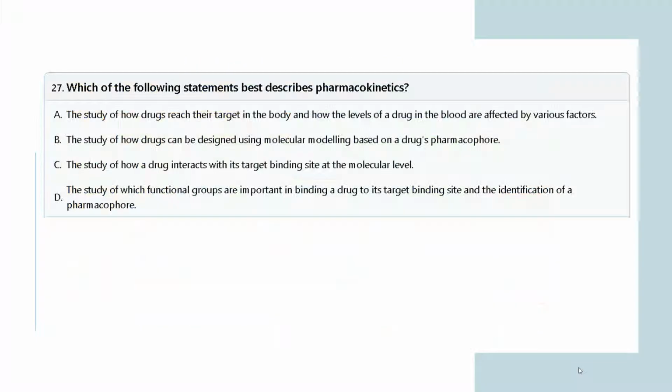So now going to the next question, we are going to talk about pharmacokinetics and pharmacodynamics. I hope you have already studied these terms in the tutorial session, because the professor has talked about it a bit. Which of the following statements best describes pharmacokinetics? A: the study of how drugs reach their target in the body and how the levels of drug in the blood are affected by various factors.